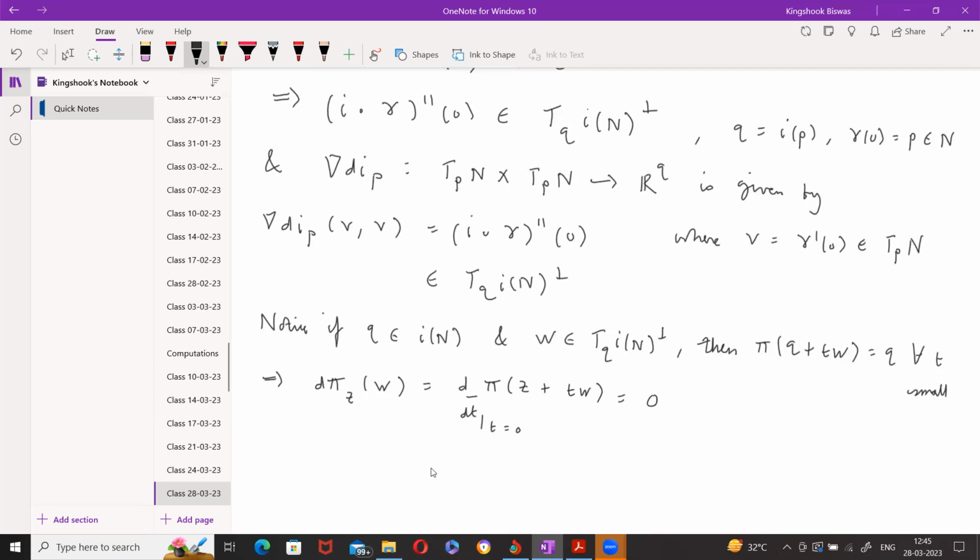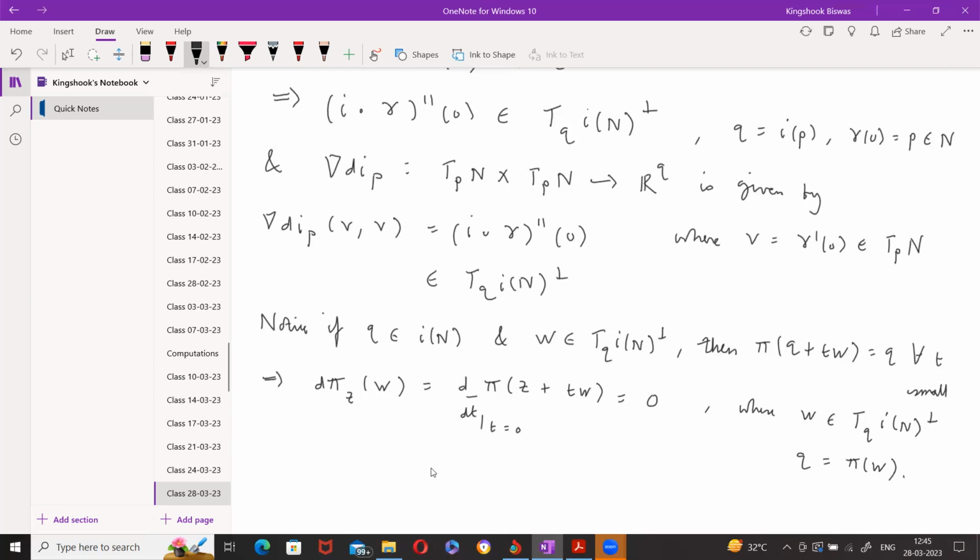This is 0, where W belongs to TQ IN perp, and Q is equal to pi of W.